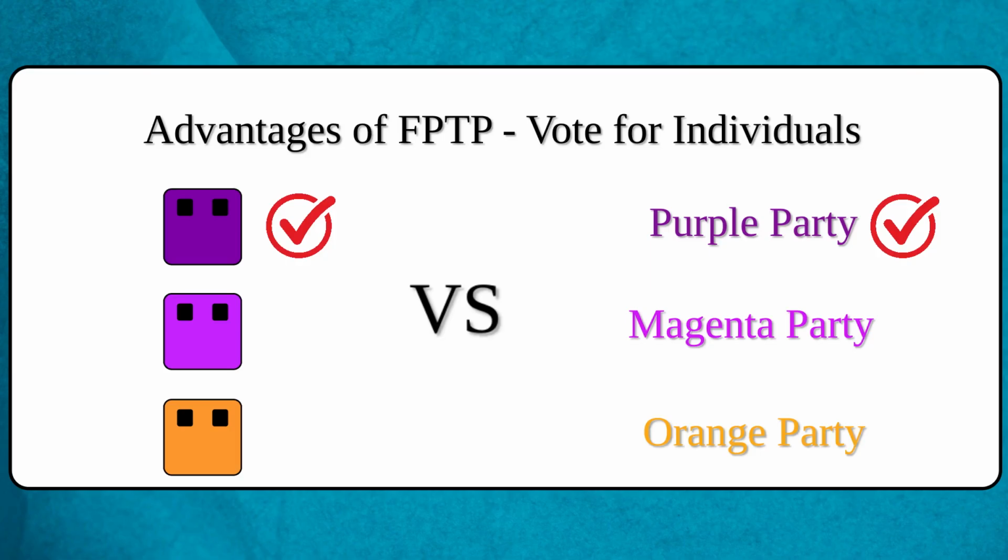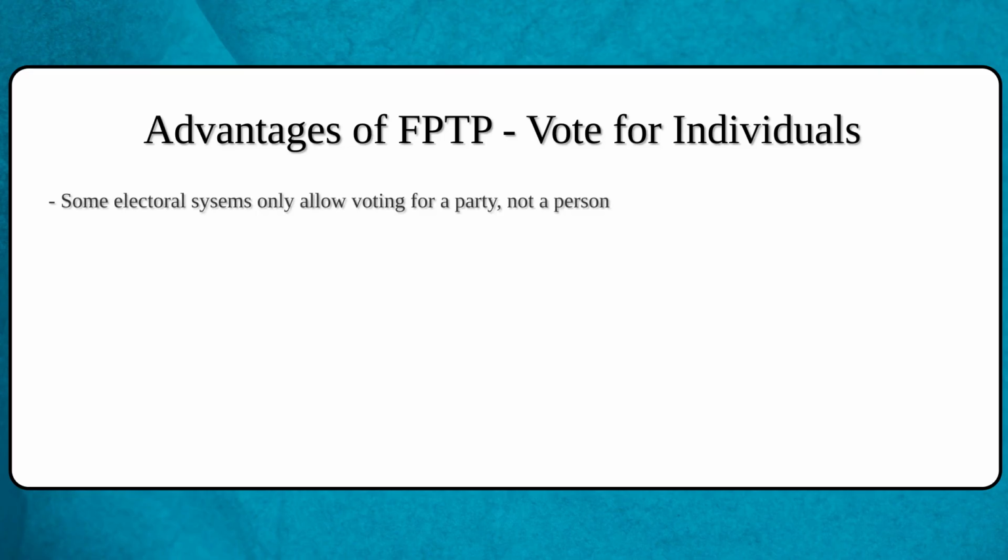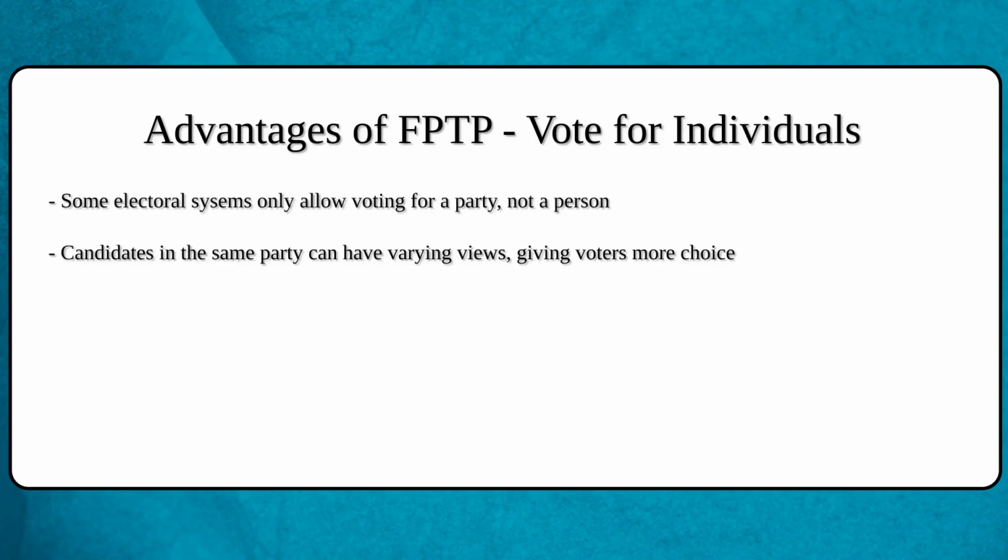This is important since under other electoral systems, such as in closed list proportional representation, voters can only indicate which party they support, and then the party itself chooses which candidates will fill seats in the legislature. Sometimes individual candidates within a party can vary quite substantially, and thus, under first past the post, voters are able to take these variations into consideration when casting their votes.